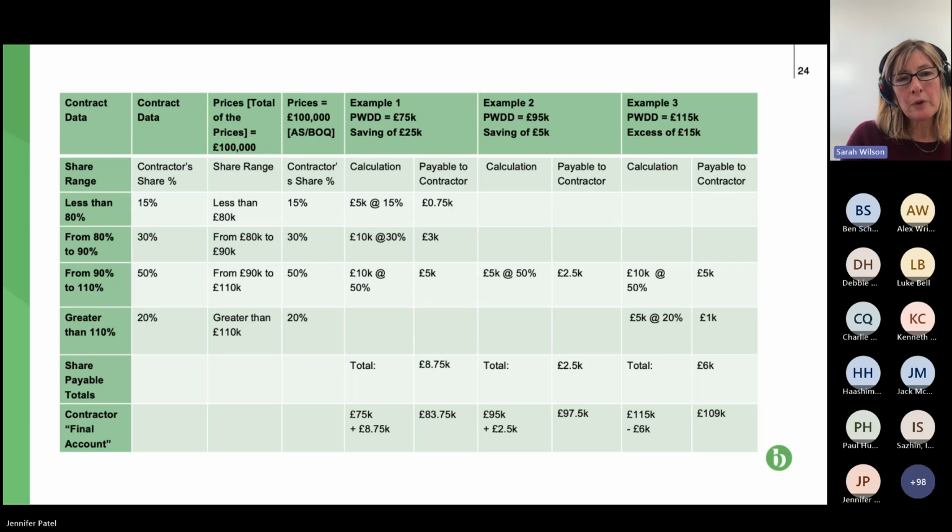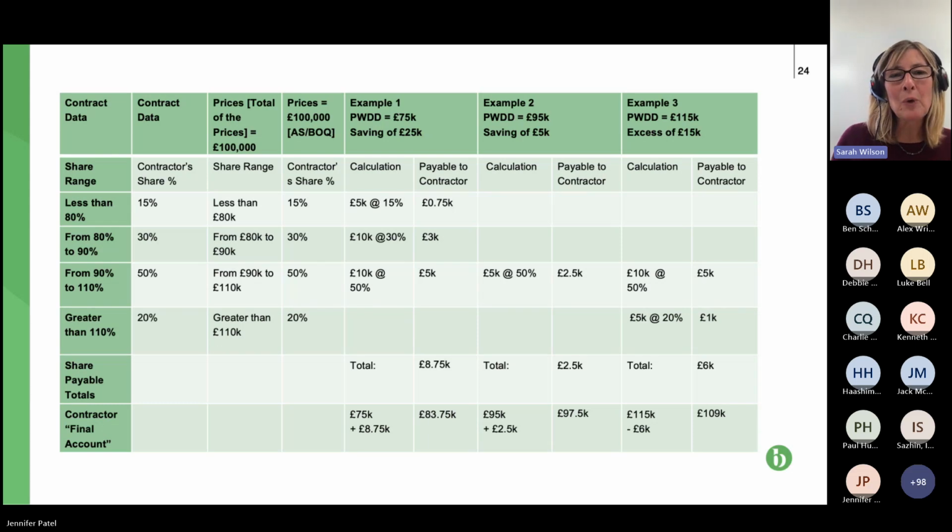So the first one says less than 80k. Any costing less than 80k, the contractor gets 15% of it, paying party gets 85% of it. And that follows through for all of them. It's really easy here because we've got a target price of 100,000. Obviously, in most of the instances, the maths would be far more difficult.